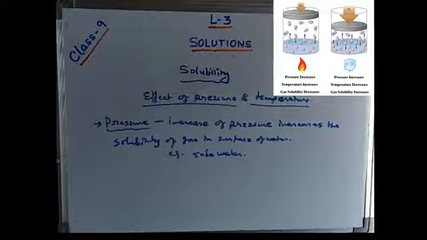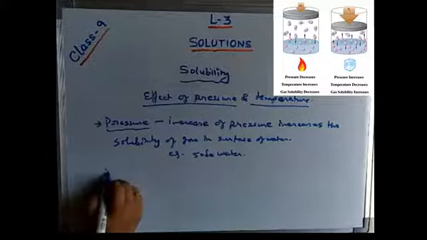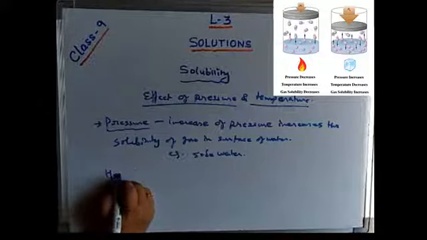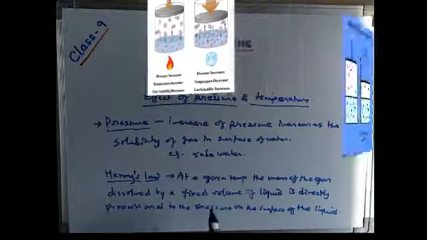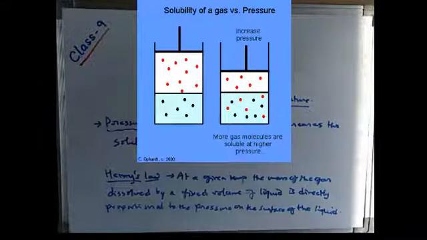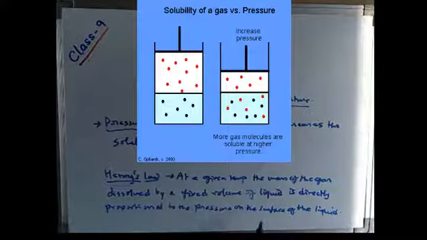Now from here one law has been deduced by a scientist. What is the law? Henry's law. Henry's law states that at a given temperature the mass of the gas dissolved by a fixed volume of a liquid, meaning how much mass of the gas will be dissolved by a fixed volume of a liquid, is directly proportional to the pressure on the surface of the liquid.